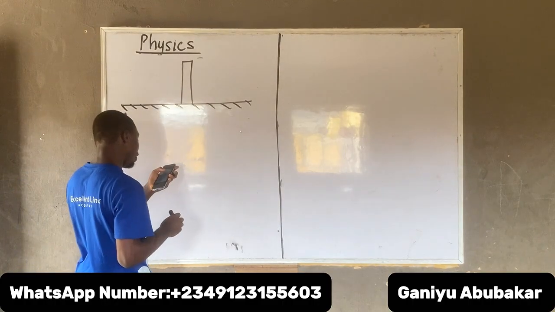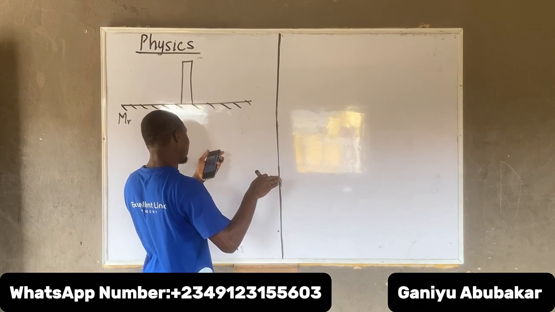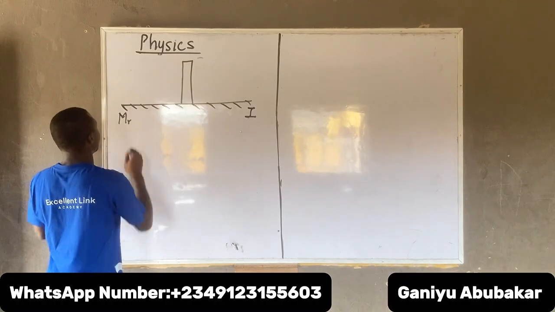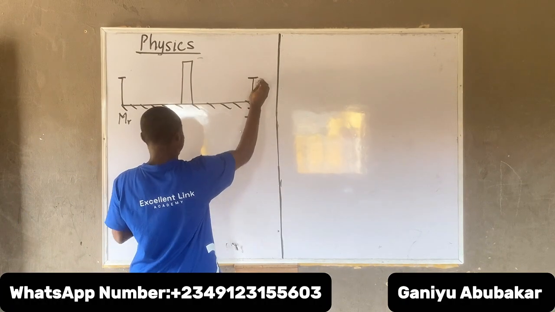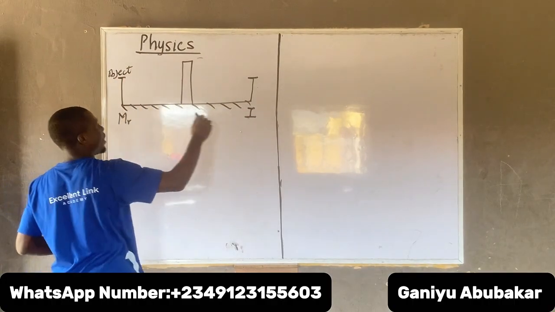And of course, where his eyes were, the image is here. So this is the object here, and this is the image here, right? Here is the object, and here is the image.